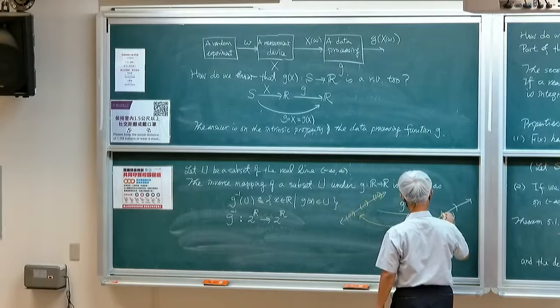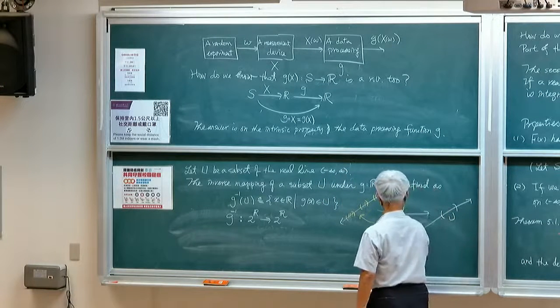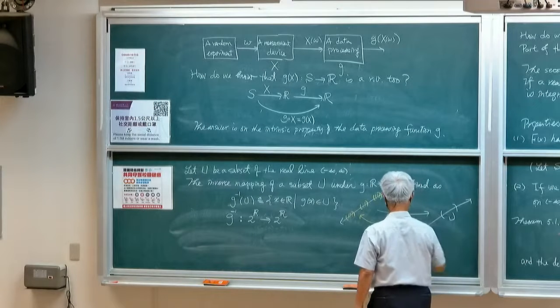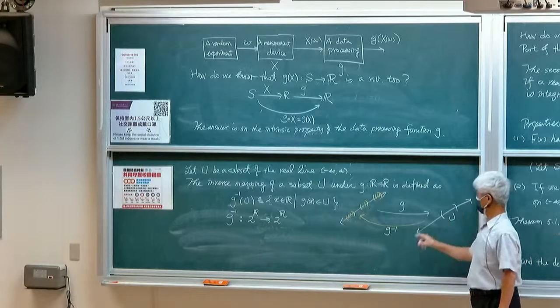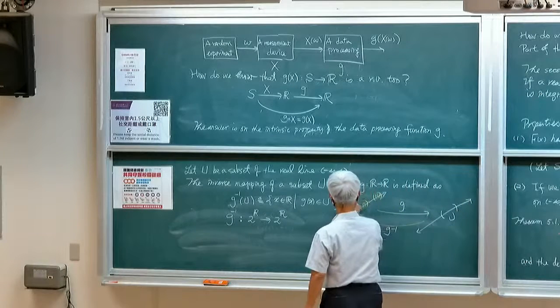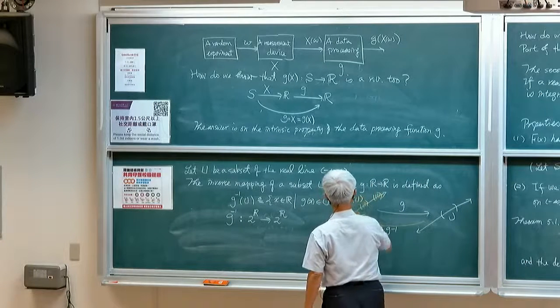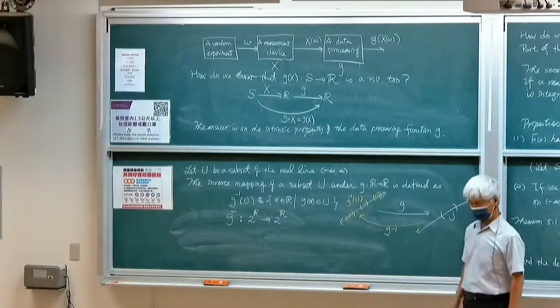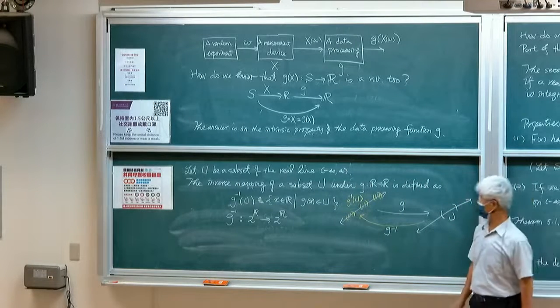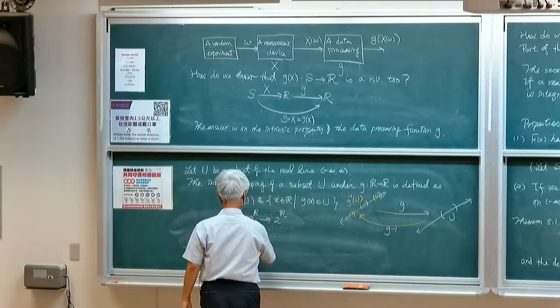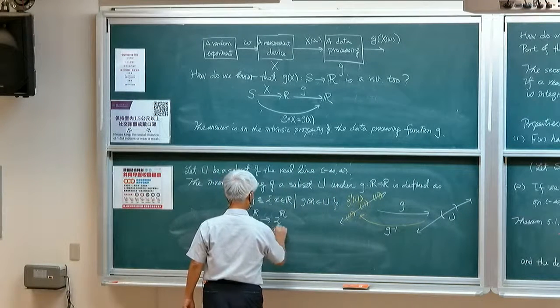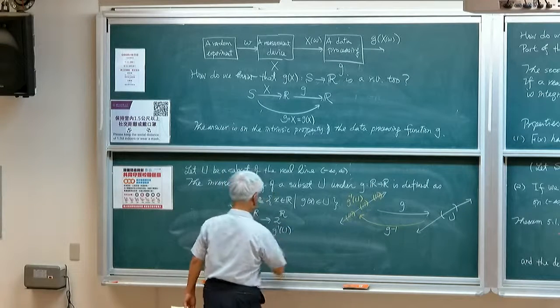So every subset of the real line goes to a subset of the real line.